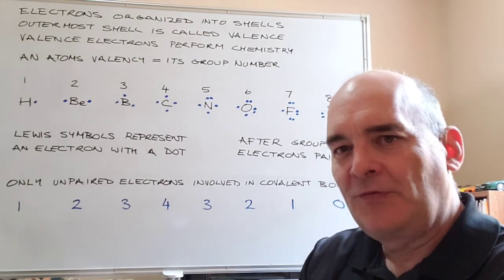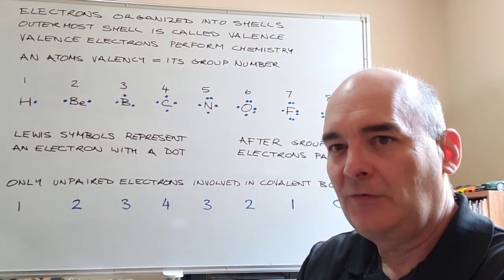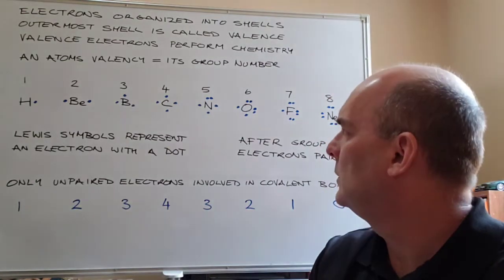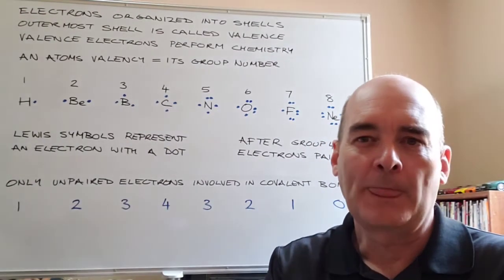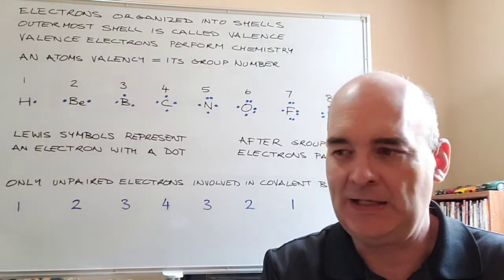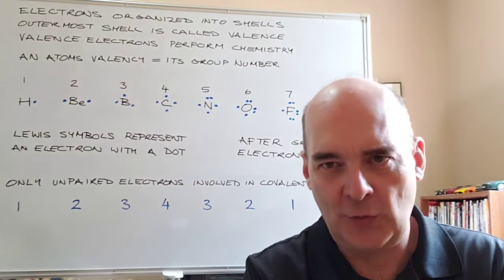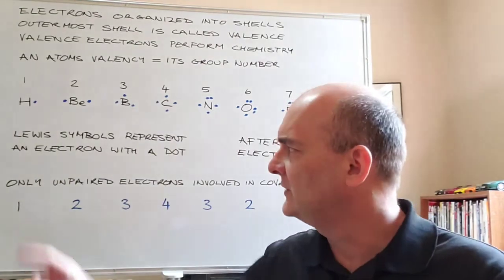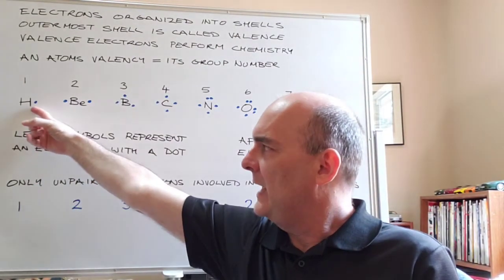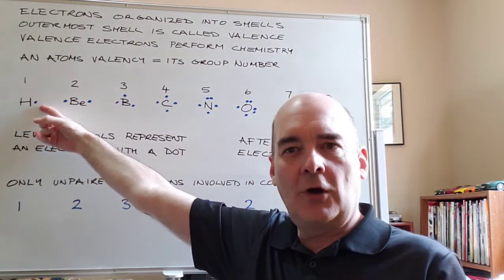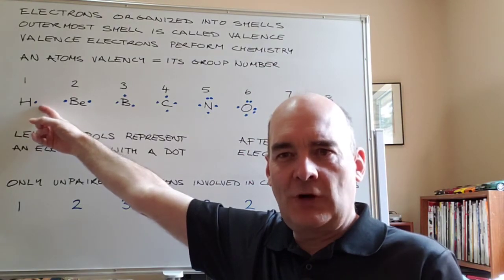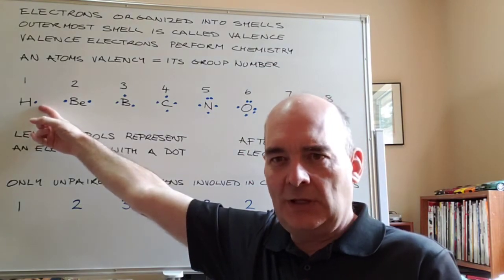Now, an atom's valency, its number of valence electrons, is equal to its group number. So we can invent a symbolism, they're going to be called Lewis symbols, that just give us the elemental symbol and then a dot, and each dot represents a valence electron.